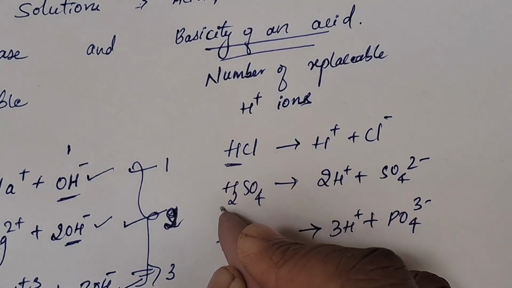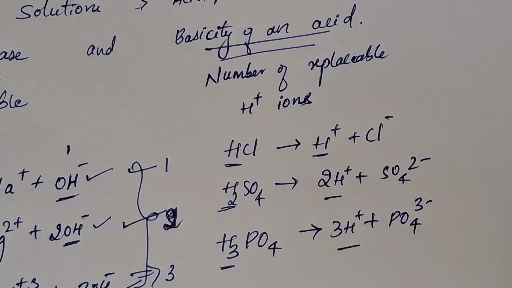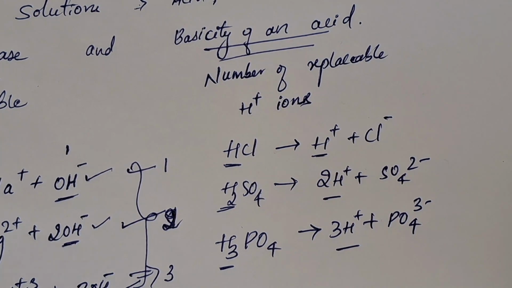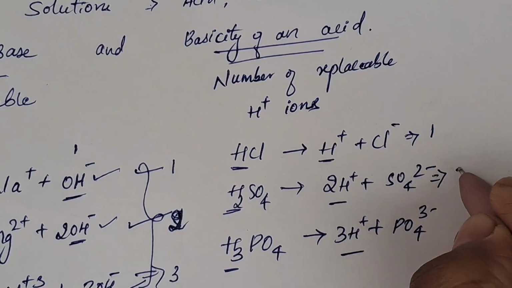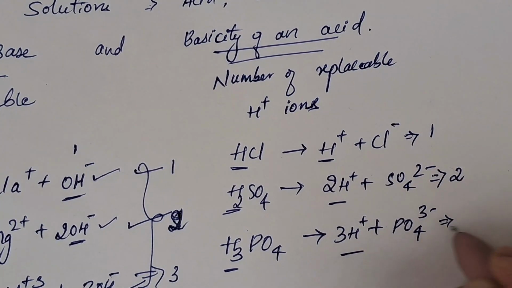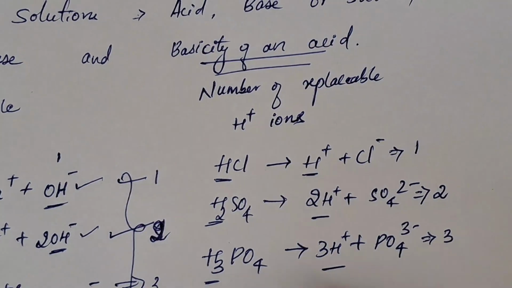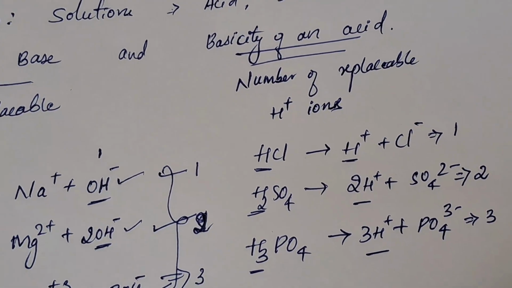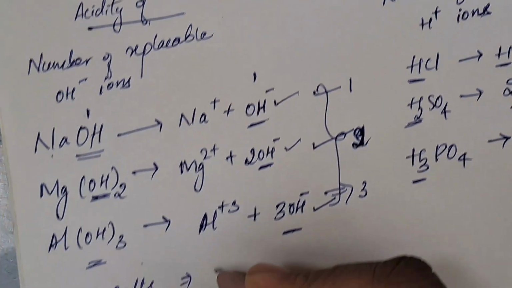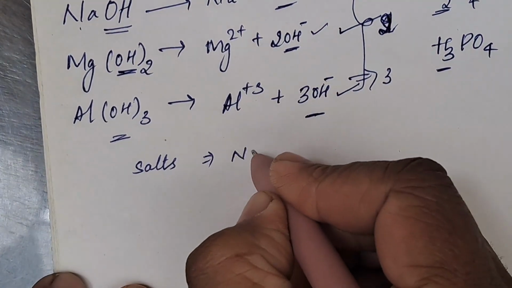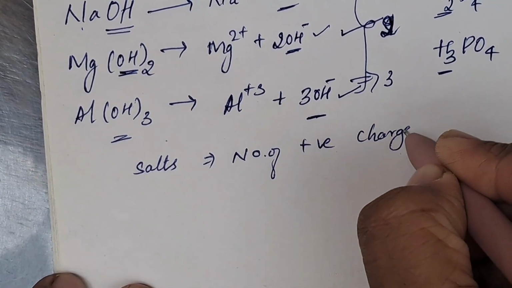As you can see, depending upon the number of protons produced when acids dissociate in water, we say the basicity of HCl is 1, basicity of sulfuric acid is 2, and of phosphoric acid is 3. So this is how you say acidity and basicity. But in case of salts, it depends upon the number of positive charges present.